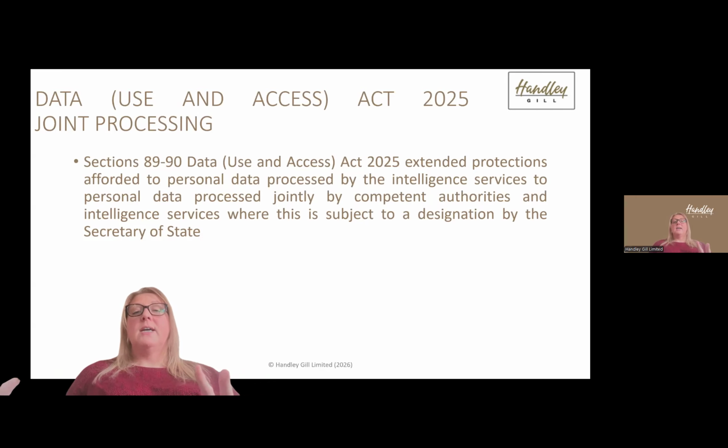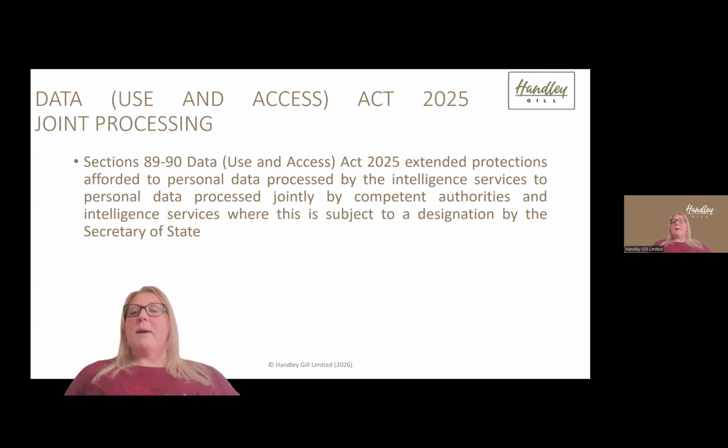But essentially, dealing with the problem that where you had processing by the intelligence services and the police were going to work with the intelligence services, it made data sharing more risky between the two organisations because more data would be subject to disclosure, for example, by police than would be the case in relation to the intelligence services.